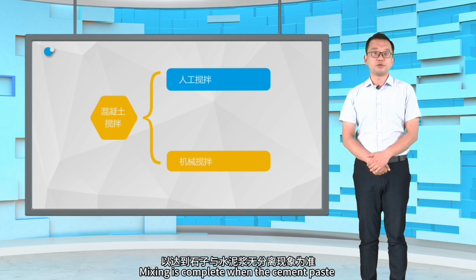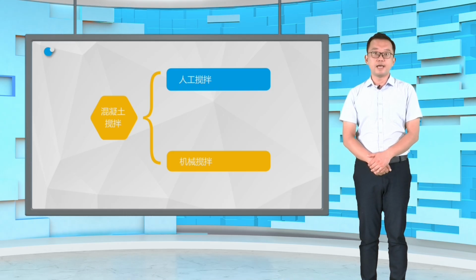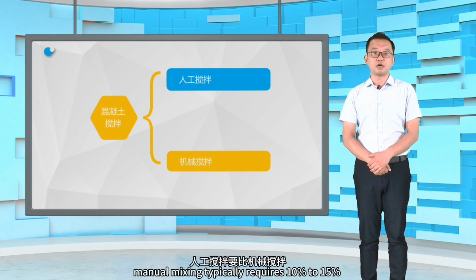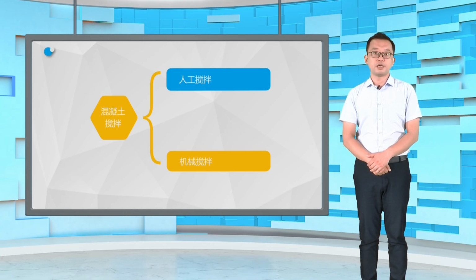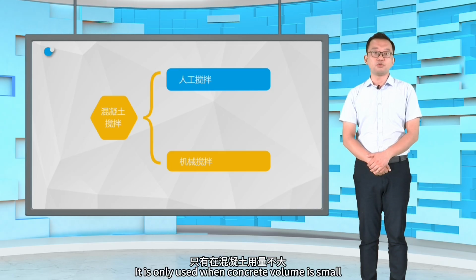Mixing is complete when the cement paste evenly coats the aggregates without segregation. Under the same conditions, manual mixing typically requires 10% to 15% more cement than mechanical mixing, and results in poorer mixing quality. It is only used when concrete volume is small and no mechanical equipment is available.